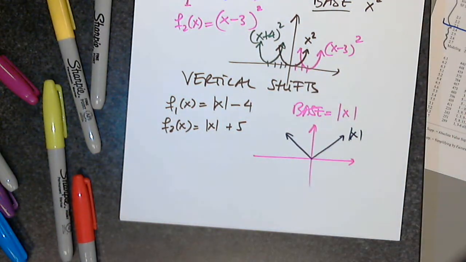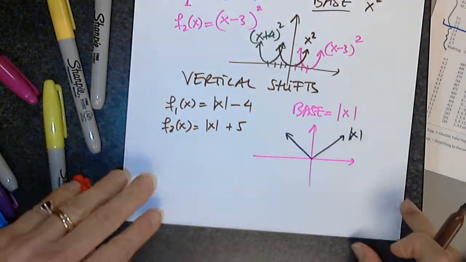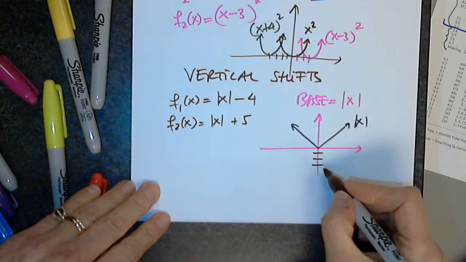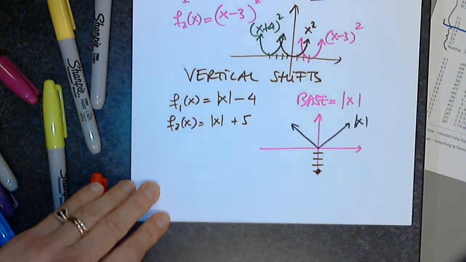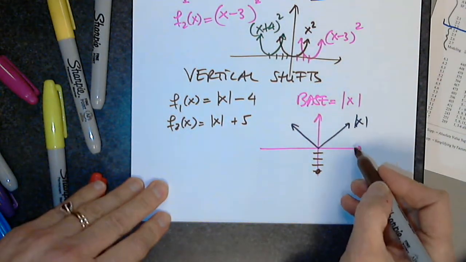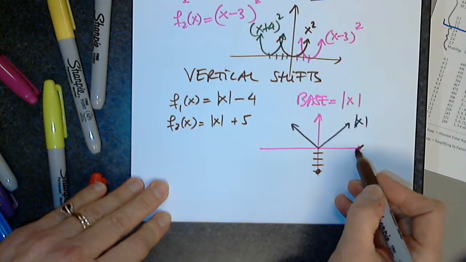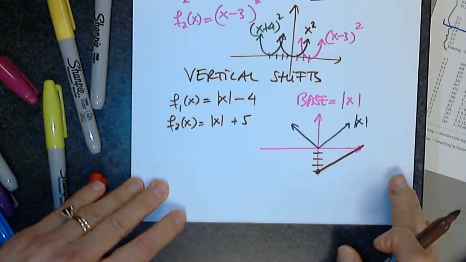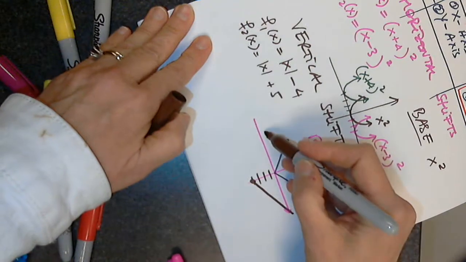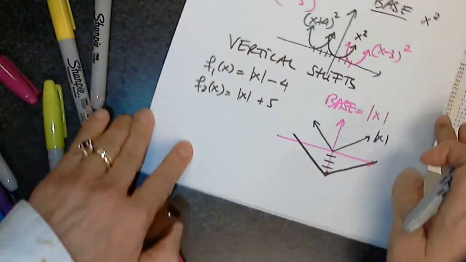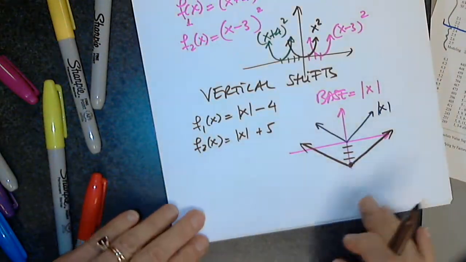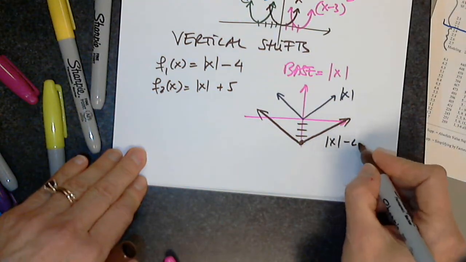But now when I want to graph the absolute value of x minus 4, I have to shift this graph 4 units down and make sure that what I graph is perfectly parallel to the existing base function. So this is the absolute value of x minus 4.